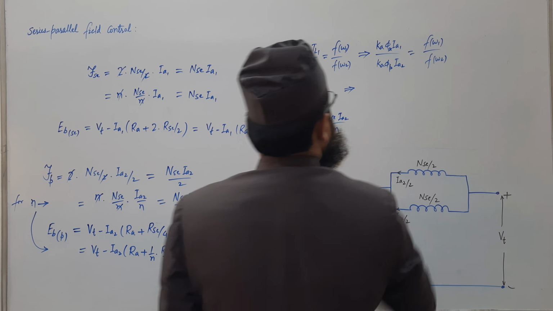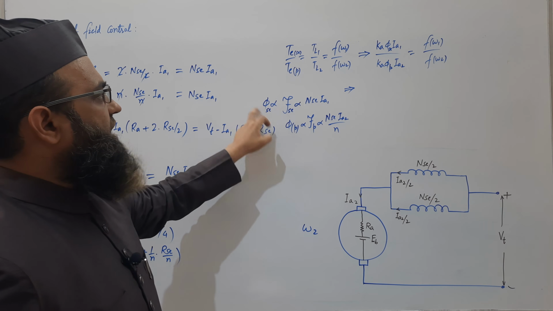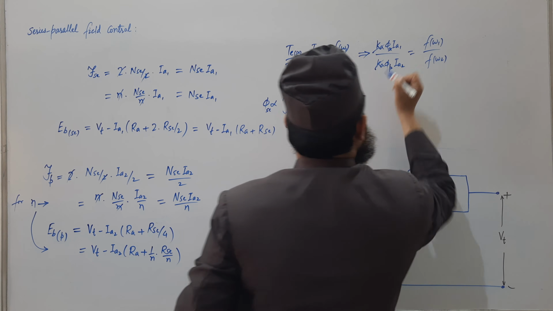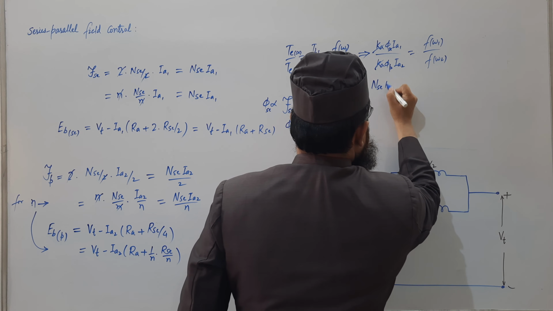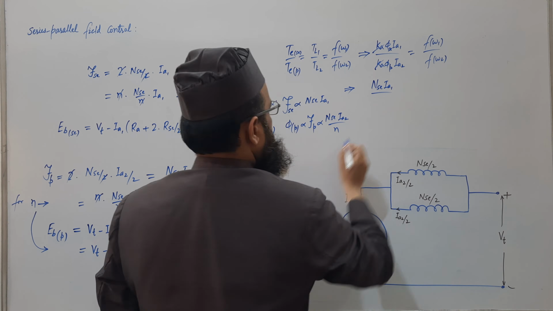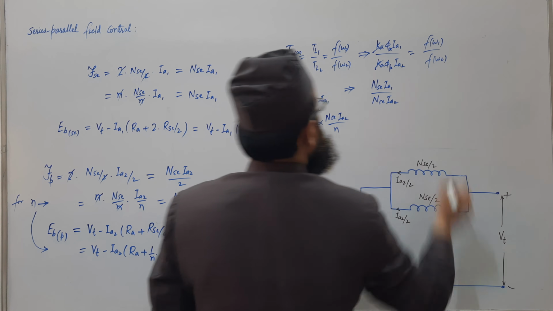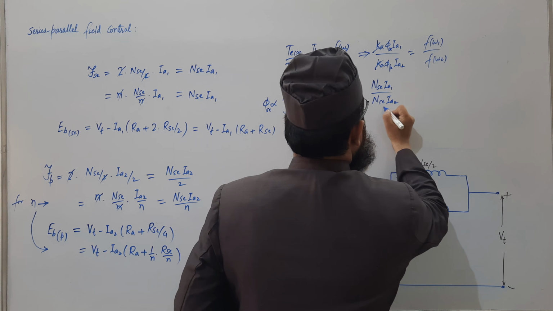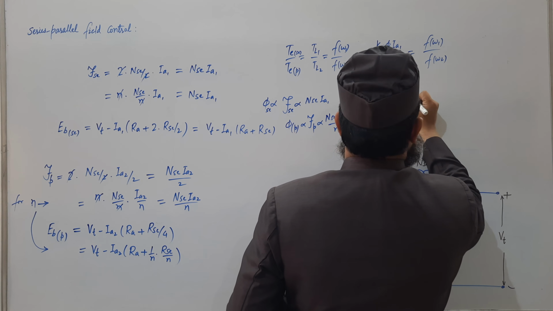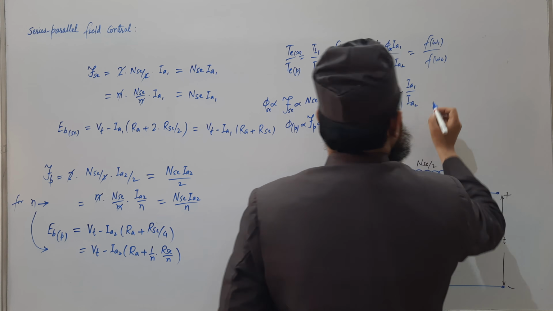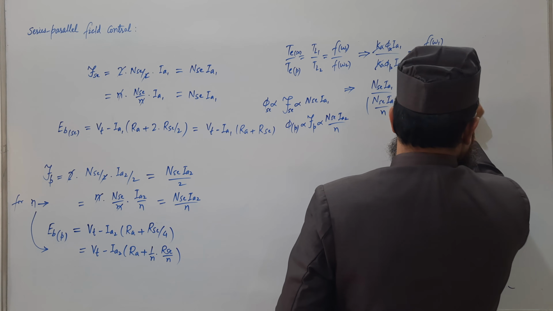This implies we may substitute these values, the phi SE and phi P ratios. So these two ratios will be NSE Ia1 upon NSE Ia2 by n, times Ia1 by Ia2, is equal to f omega 1 upon f omega 2.